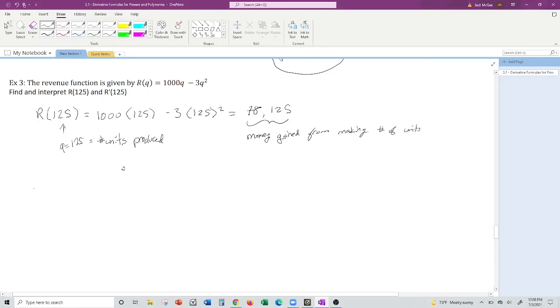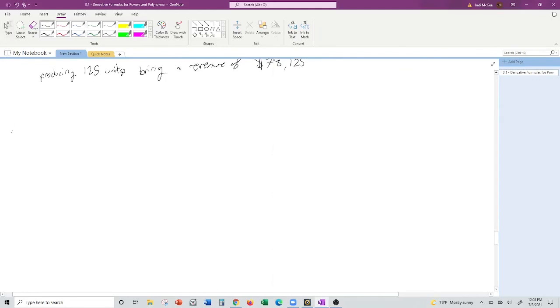So our total interpretation is that producing 125 units is going to bring a revenue of $78,125.